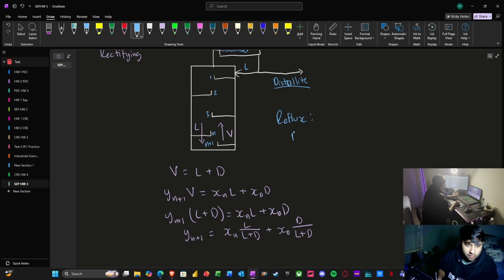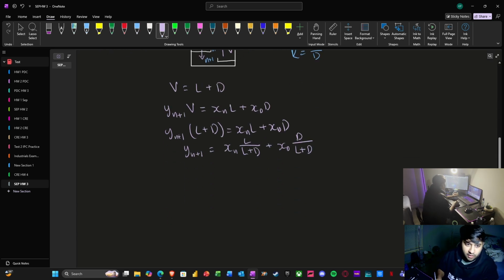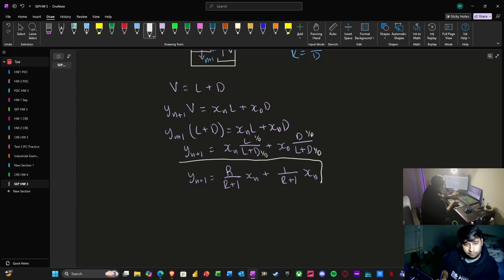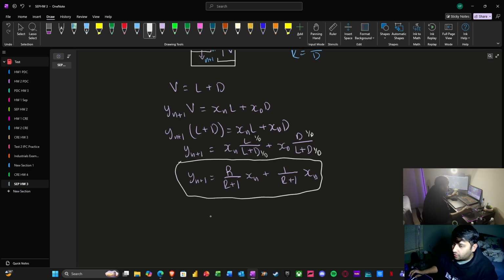So this is going to be equal to R, which is equal to L over D. And when we plug that concept in, we're going to use a different color and multiply everything by 1 over D. If we smooth everything out, we essentially get R over R plus 1 times X sub n, plus 1 over R plus 1 times X sub D. And this here is our final equation for that rectifying process.